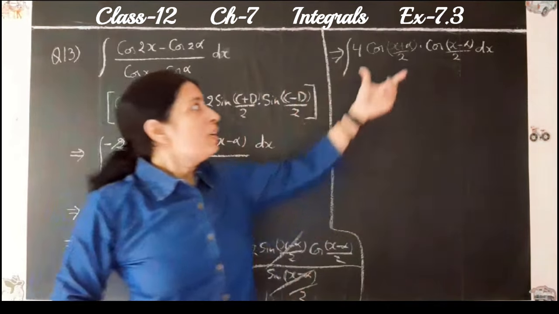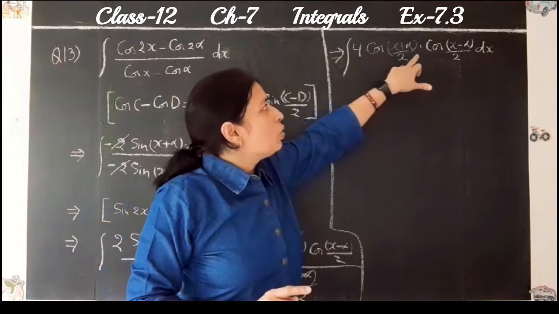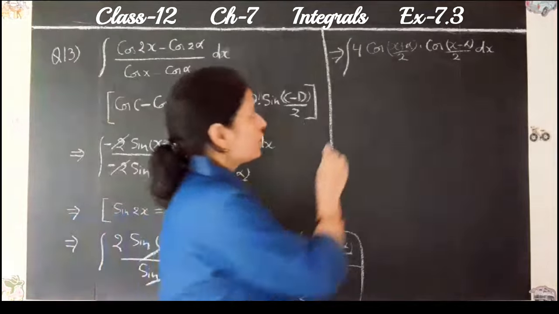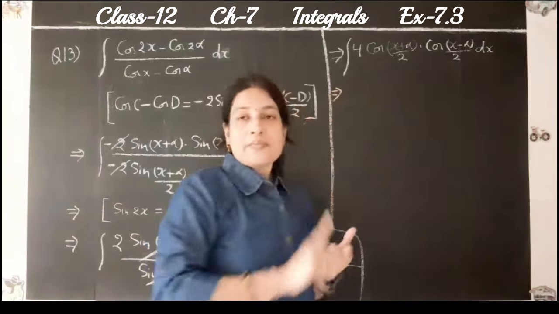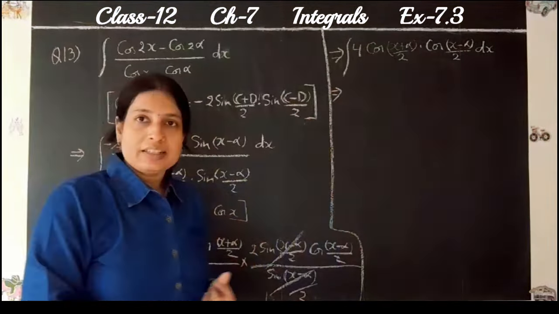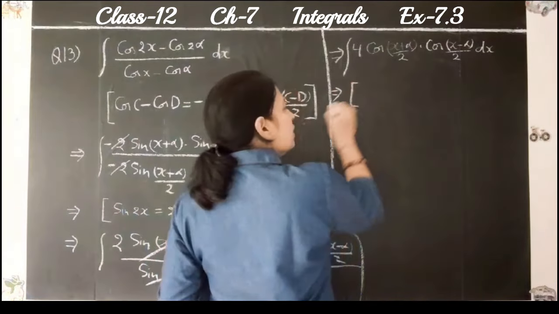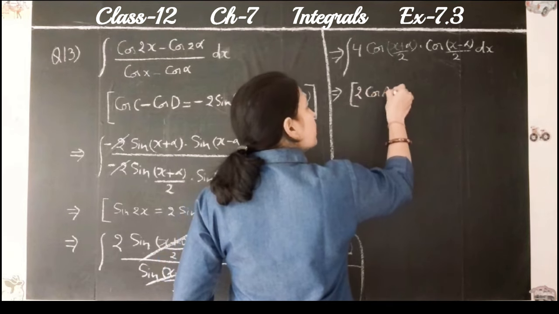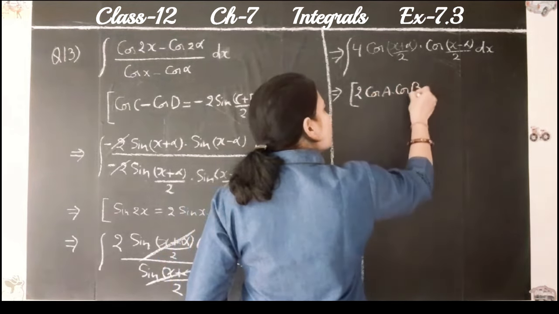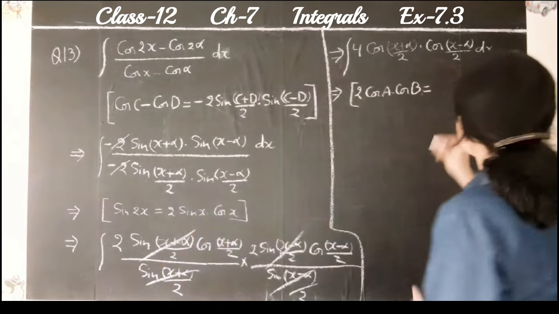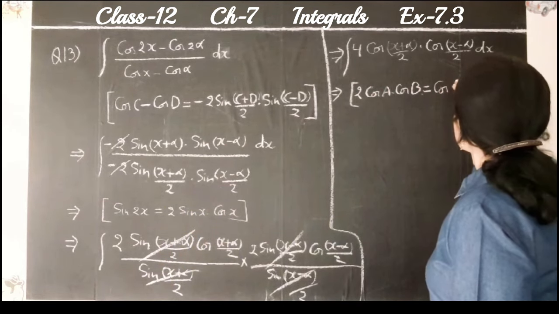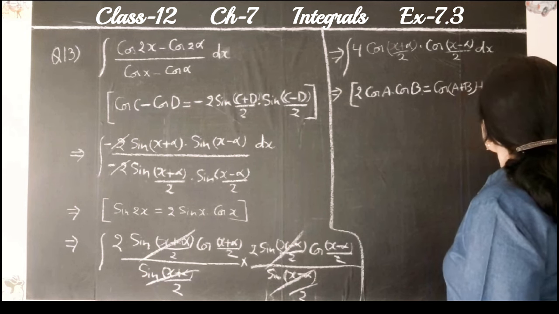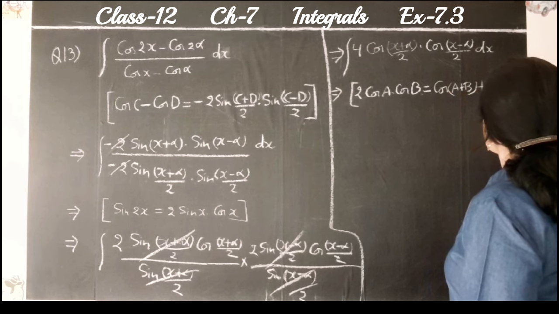Now here we have cos (x plus alpha) by 2 into cos (x minus alpha) by 2. So we have to separate this. Which formula? Yes, we know that 2 cos A into cos B is equal to cos (A plus B) plus cos (A minus B).